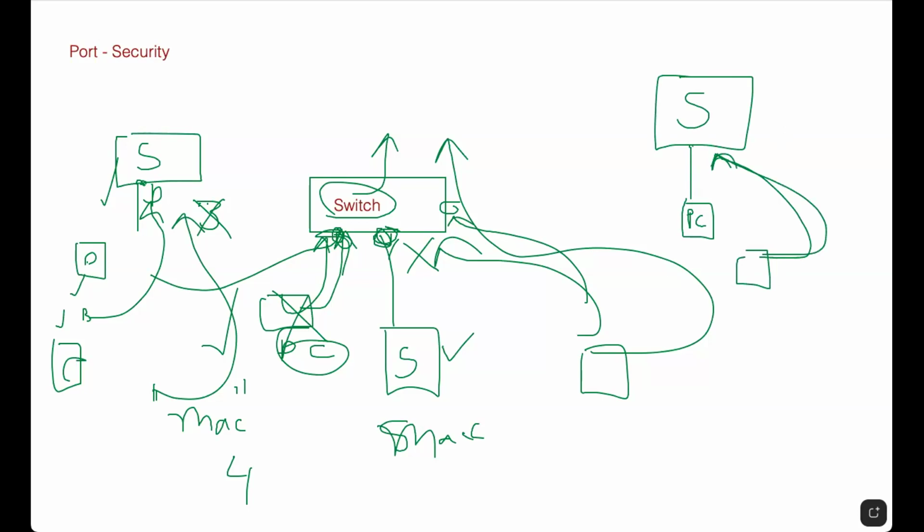Then it can do 3 actions. One is protection, the other one is restriction, so there are 3 activities it can take.